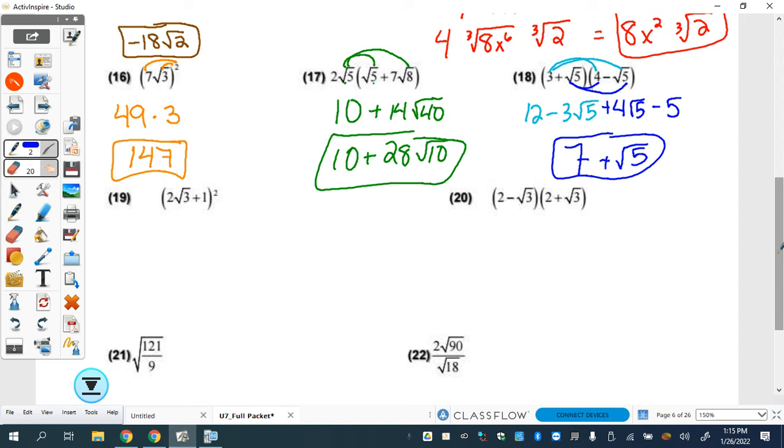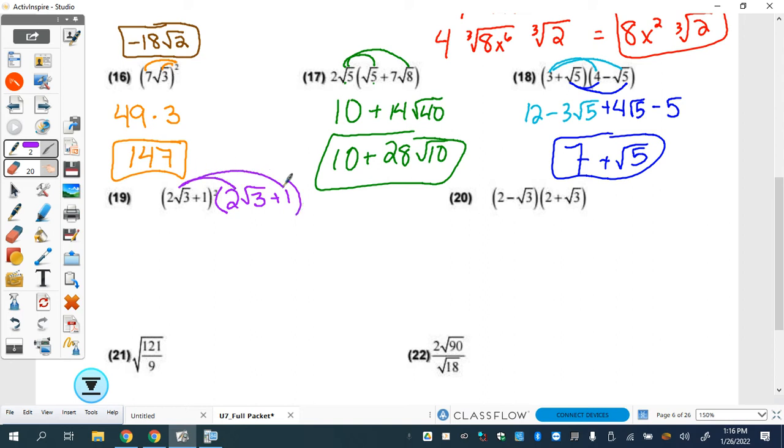What should we do for 19? Yeah, you've got to do distributive again because it's 2 terms that are squared. So what I like to do on these ones so that I distribute correctly is I like to write it twice, because it's 2 radical 3 plus 1 squared. So I write it a second time, and then you can do your distributive property.